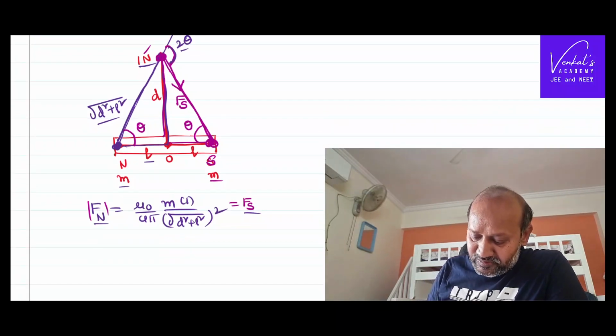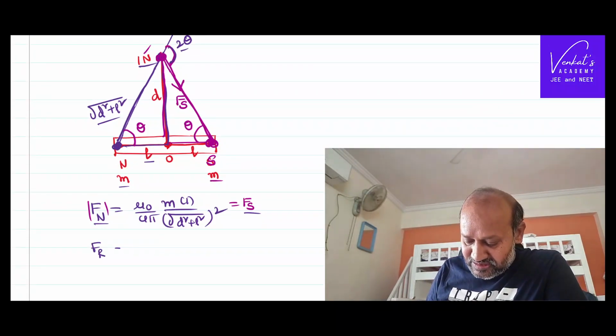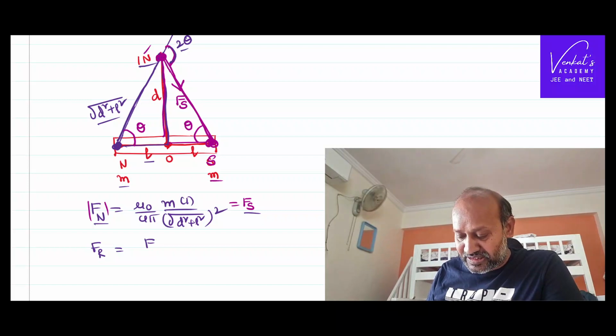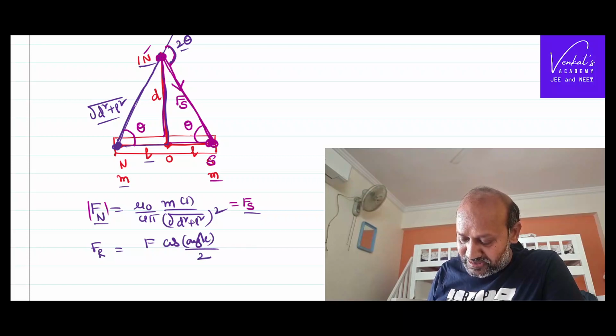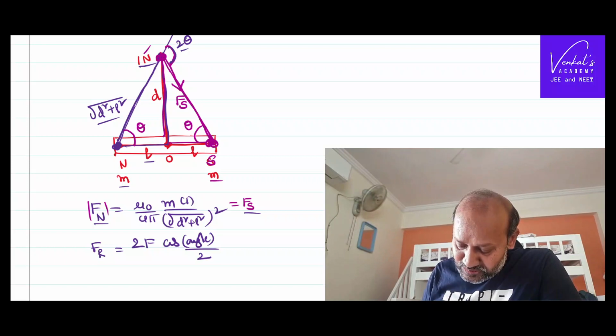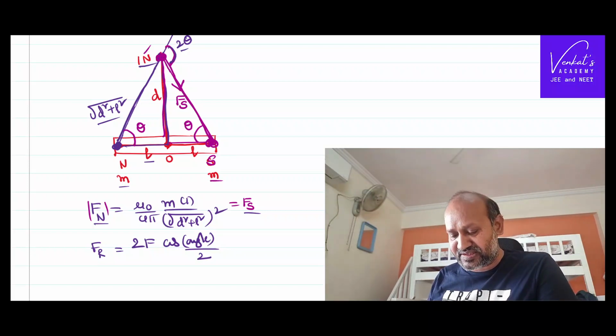And the resultant force, we have already discussed using the parallelogram law so many times. When the forces are equal and have a certain angle between them, the resultant is 2F cos of half the angle between the two forces. Sorry, that is 2F cos theta by 2. That is the trigonometry formula.